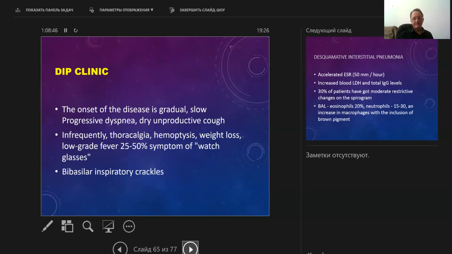The onset of the disease is gradual, with slow, progressive dyspnea, dry or productive cough, infrequently chest pain, hemoptysis, weight loss, and low-grade fever in 25 to 50%. Symptoms include watch glass nails and basilar inspiratory crackles.